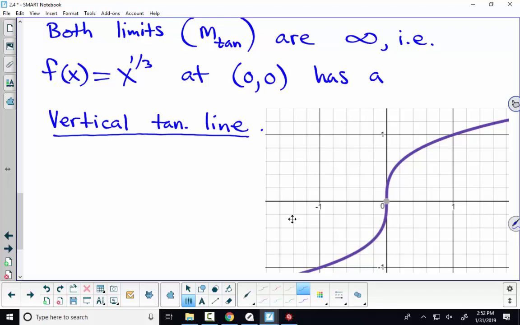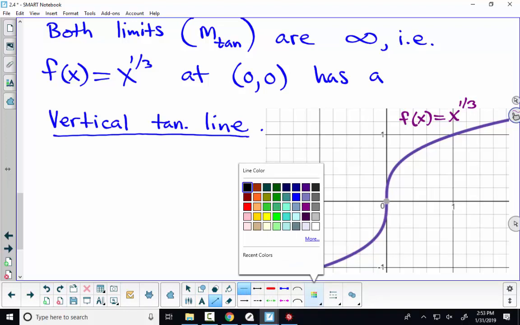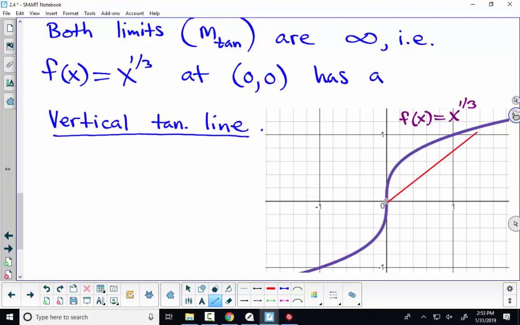So here's the cube root of x. What we've computed in part 1, we said, I've got the slope of the secant line that connects any 2 points from 0 to wherever as a function of h.